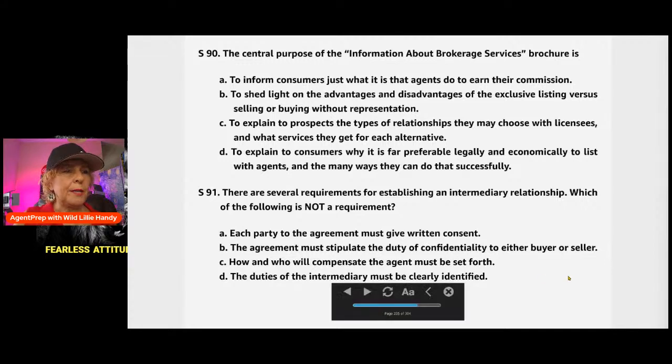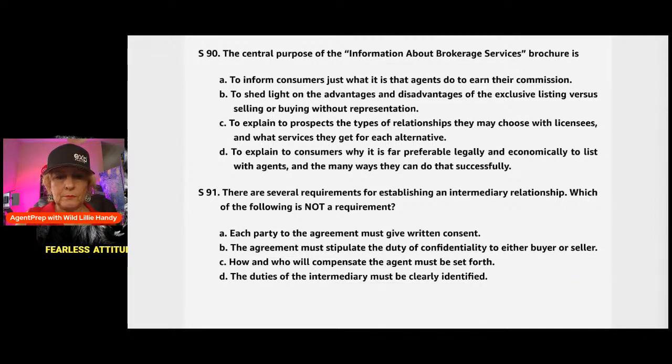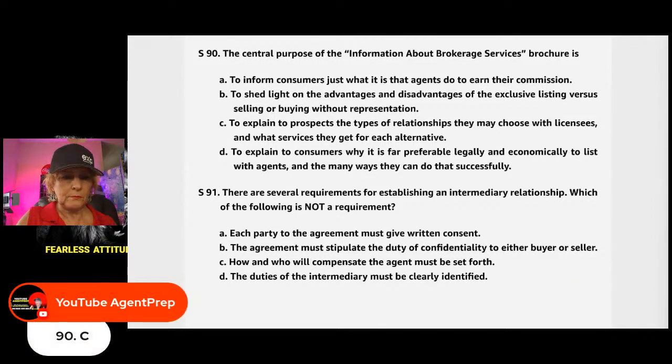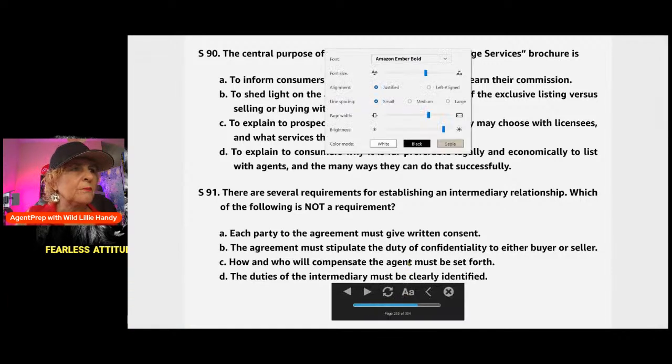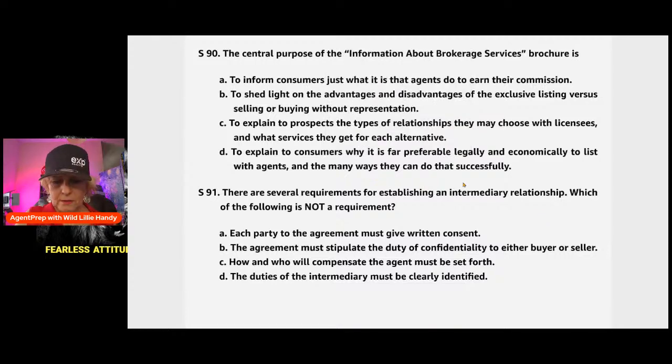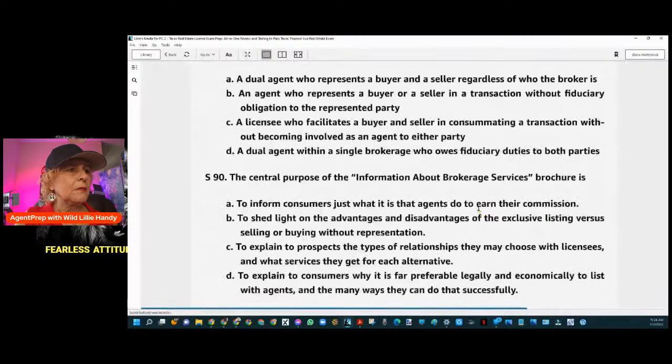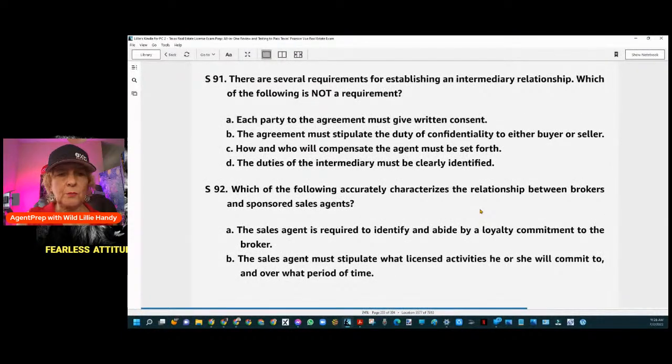So 91. There are several requirements for establishing an intermediary relationship.